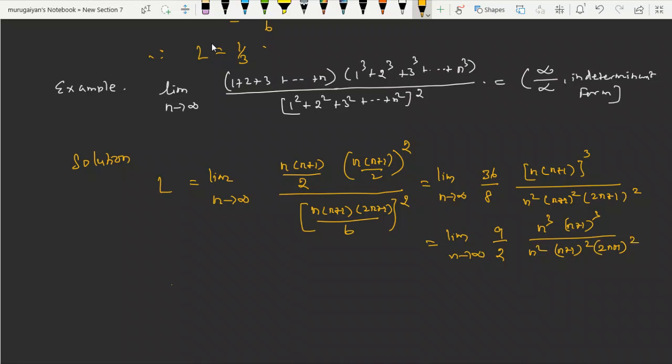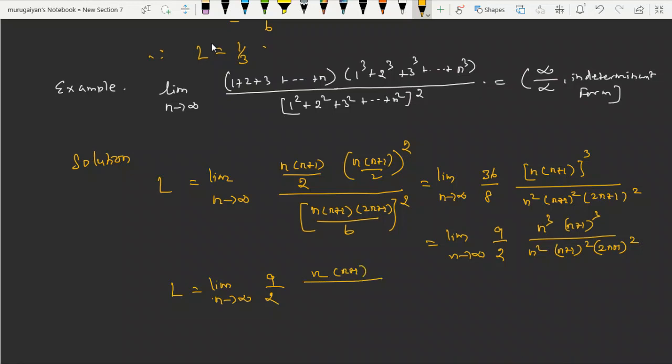Now L equal to limit n approaches infinity, 9 by 2, between n square and n cube cancel, n on all left, n, n plus 1 whole square, n plus 1 whole cube, n plus 1 is left.